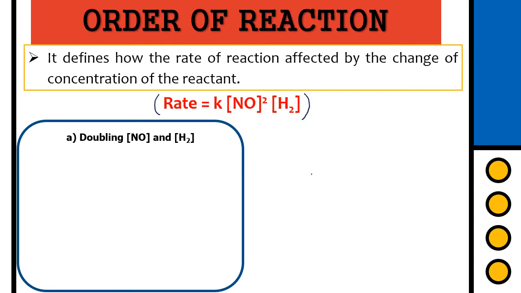So when I say I double the concentration of NO and also H2, what happens here is, sorry, let me change to another color. Concentration of NO from the initial rate law, we change it to 2NO, because we double the concentration.